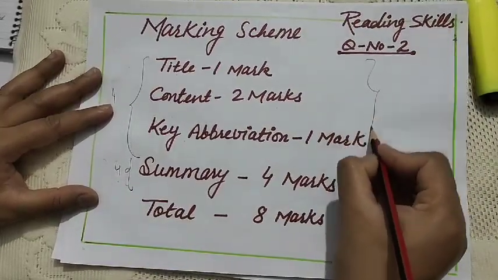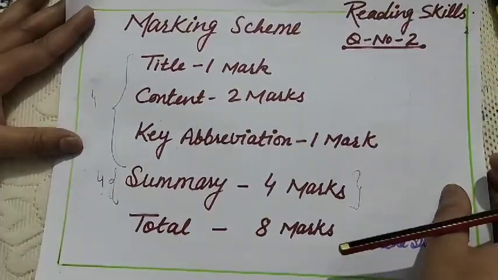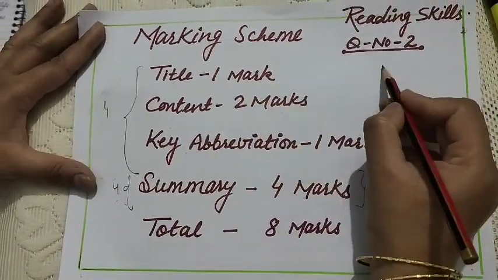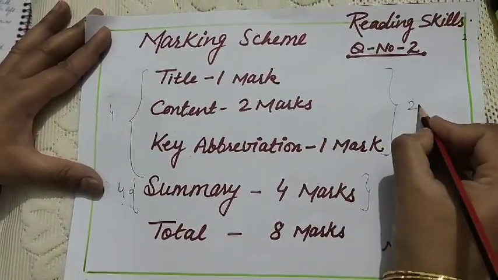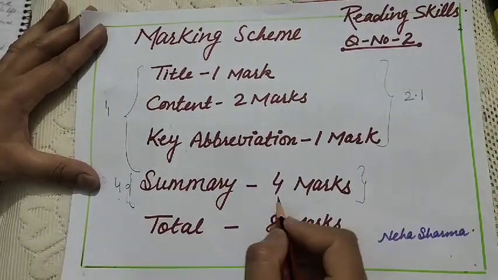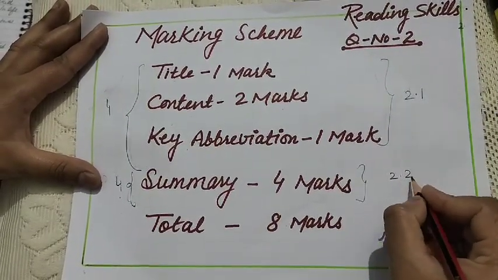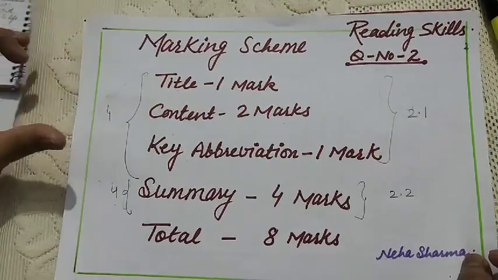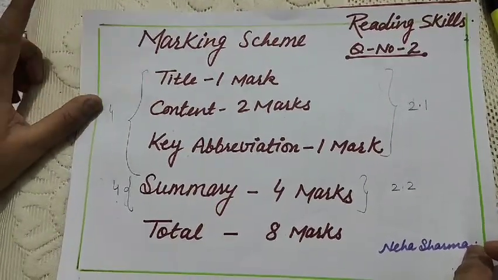So that is going to be 2.1. So 4 plus 4, total 8. This portion is going to be your 2.1 of the question and the summary section is 2.2 of the question paper.